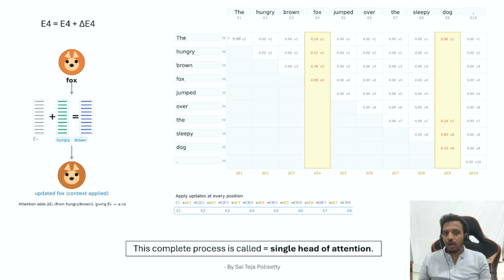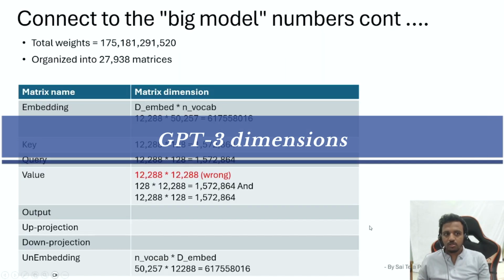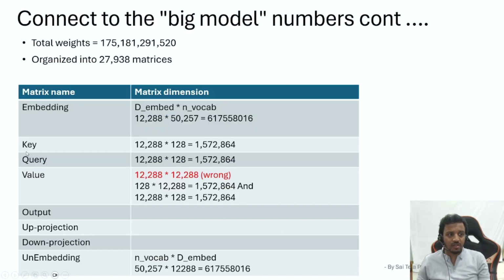All right. Before we jump onto multi-head attention, let's do one small mapping, which we did in the previous session also. In this session, we came across key, query, and value. Now you know that we have this many weights and this many matrices. These are the dimensions that we calculated before.